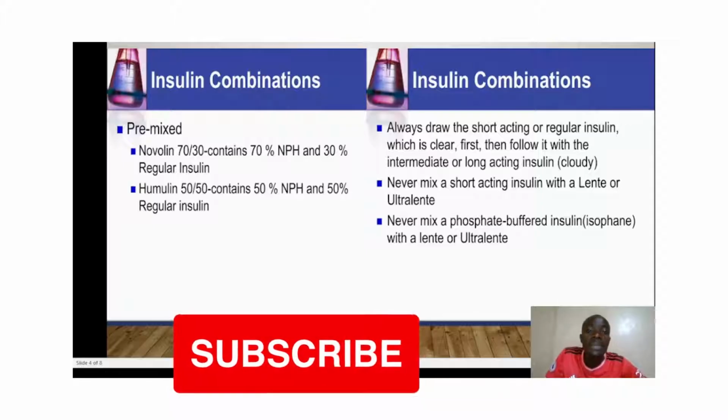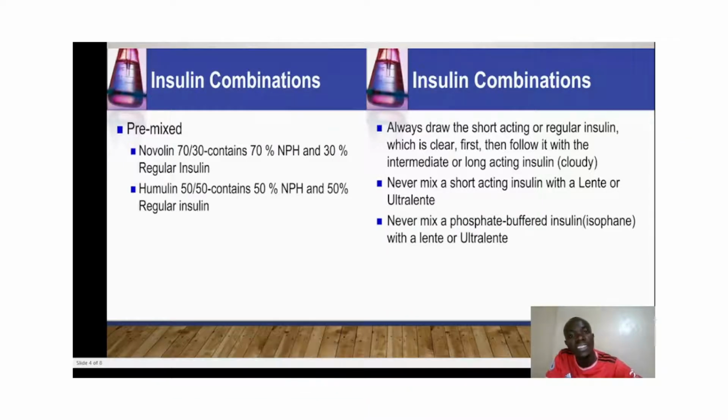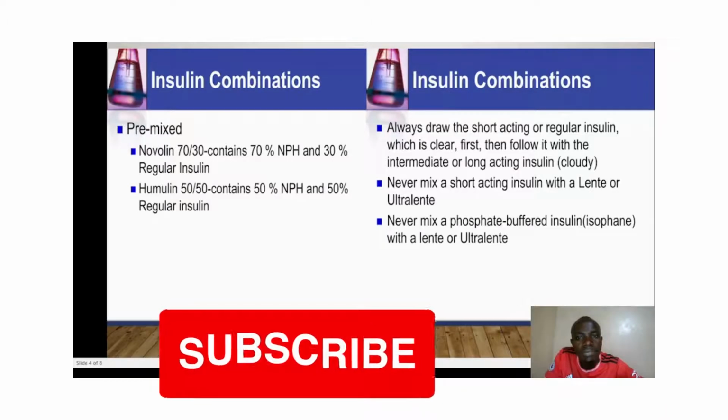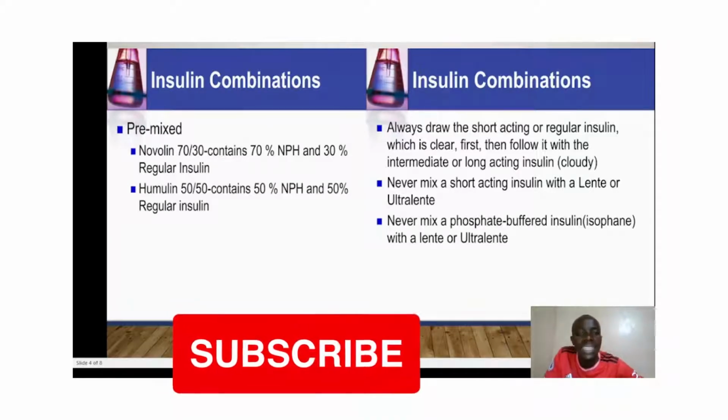Okay, this type of insulin mixture contains a combination of short acting and intermediate acting. Why is it referred to as biphasic? This is to indicate that it has two phases of activity: a rapid acting component for the mealtime coverage and an intermediate acting component for the extended blood sugar control between the meals.